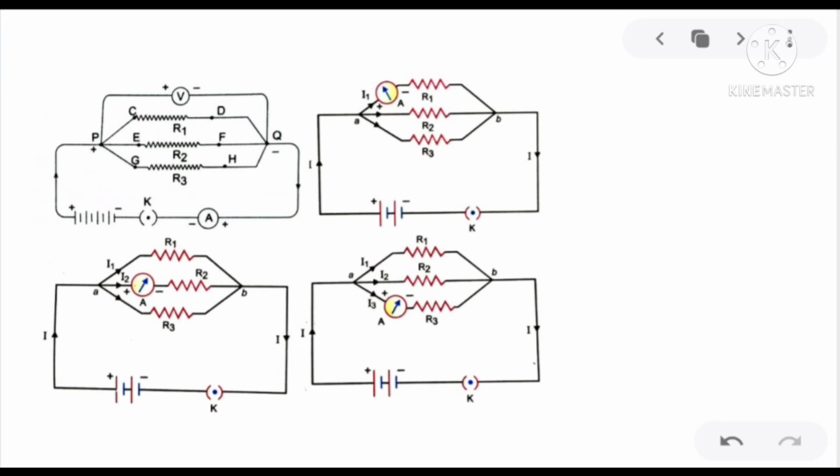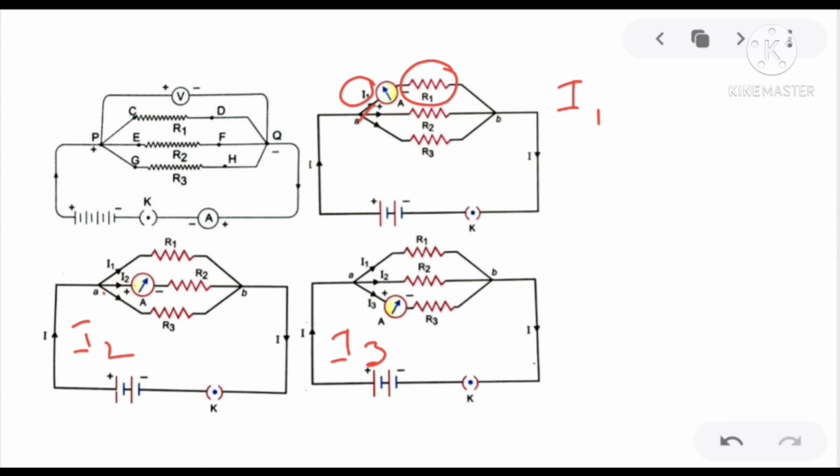But if they are not the same, then in the first path there will be current I1. According to the value of resistance, each path will draw its current. In the second path the current will be I2, and in the third path the current will be I3.